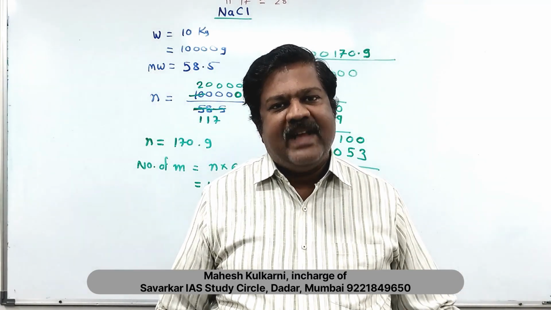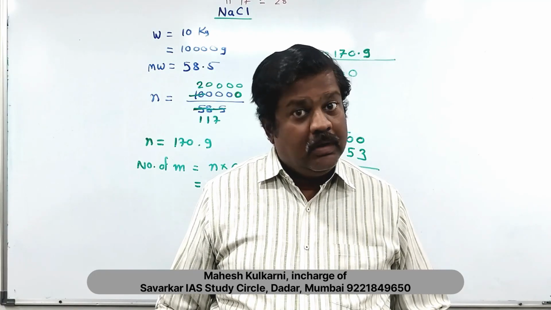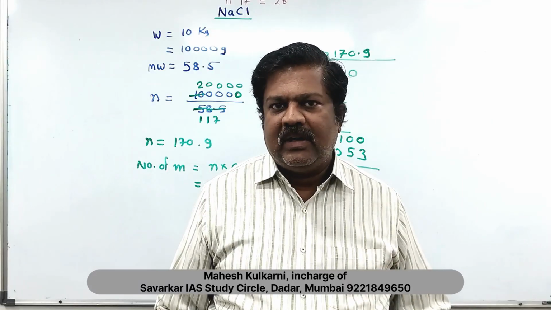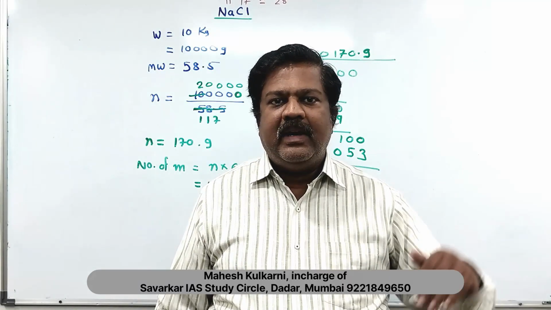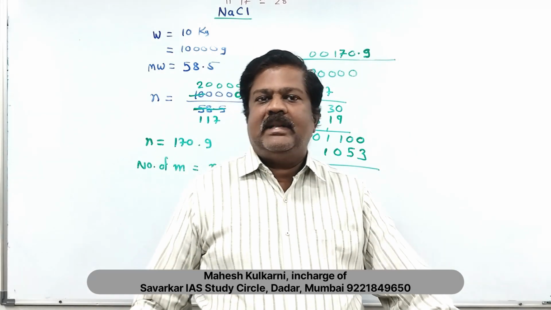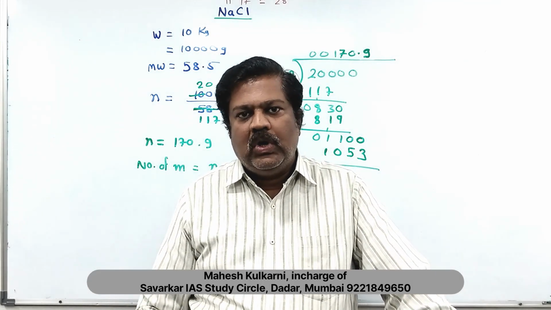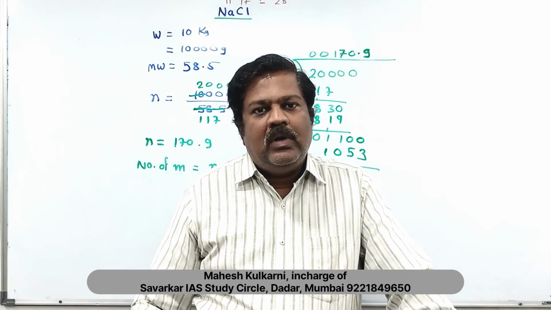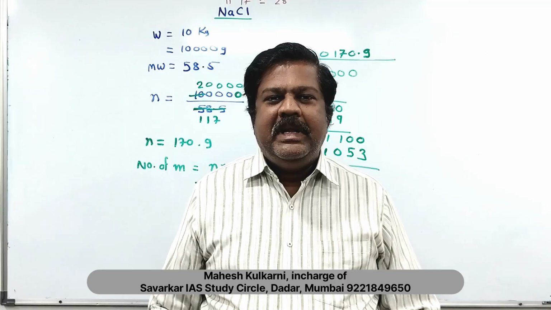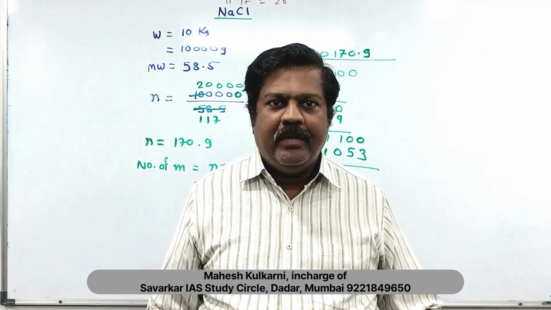A particular sample of rock salt. You are aware of rock salt. Its great crystals are there. Usually we are getting it under the soil. So the crystallization process is perfect in such rock salt, and therefore rock salt is usually 99.99% pure sodium chloride.